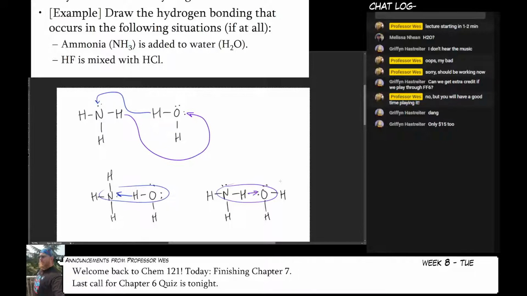It doesn't really matter which orientation you do. That's more of a curiosity. As long as the molecules stick together, the effect is the same, right? Now, something that we can indicate, and this is a little beyond the scope of this class, however, it might be helpful to you in biology to know this terminology.